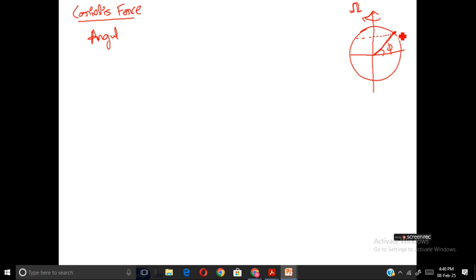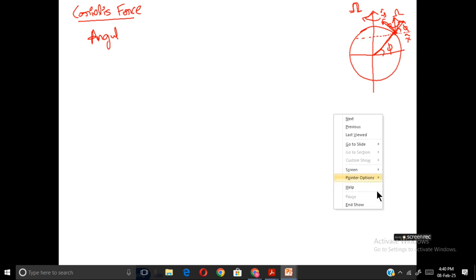So this is the direction of the angular velocity omega acting on this object. This is the x component, and here we have the y component. So if this is phi, this will also be phi. I'll just draw it once again, it's so messy.